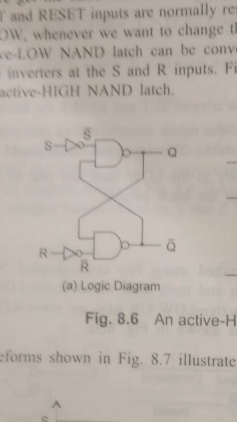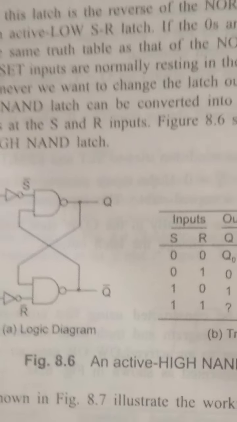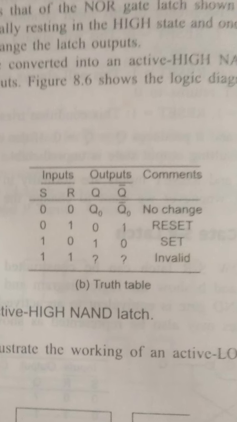S और R input में we have attached an inverter. तो अब क्या मिलेगा हमको जो NOR latch में मिल रहा था. In the same manner we will be having the output, and active low NAND latch can be converted into active high NAND latch. तो यहाँ पे हमने इन्वर्टर लगाया and the input and output relationship is given by this truth table.